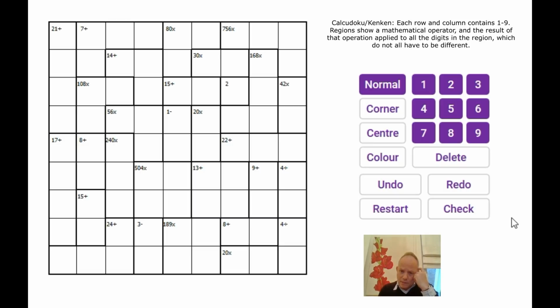And I turned up to that, and rather to my surprise, what you'll normally see in Ken or Calcudoku is 6x6 grids with the numbers 1 to 6, possibly sometimes 7x7. That competition had one 6x6, one 7x7, one 8x8, and one 9x9, like this one. And that really blew the minds of people who weren't used to puzzles like this.